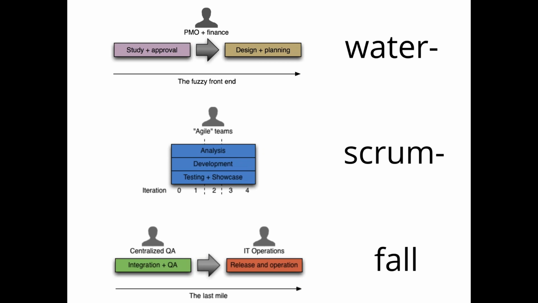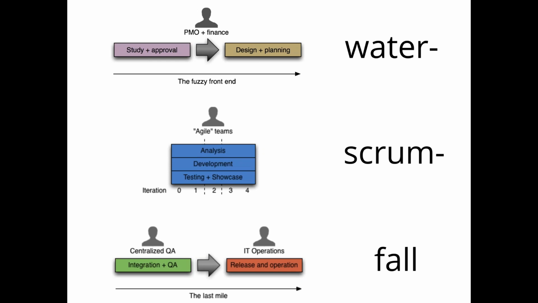We have to do integration, and then we have to release the software, and often we have to do quite big releases where we need to release changes to a number of different systems in one go, all at once, and that, I'm sure many of you will be familiar with, is a very painful experience for many of us. So the question is, can we do better? And the answer is yes, of course we can do better.